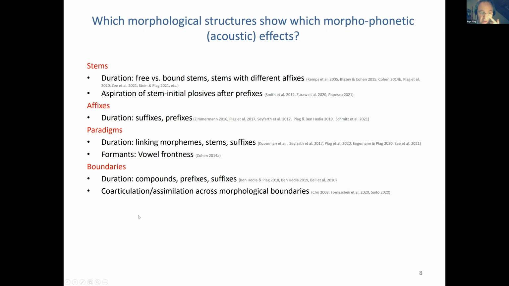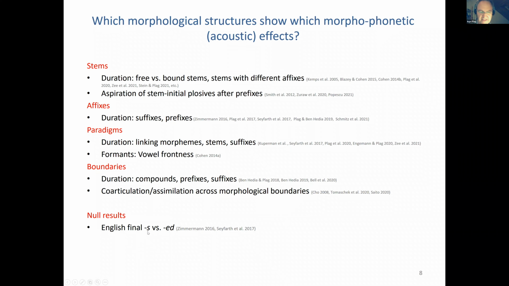Similarly, in co-articulation, assimilation across morphological boundaries, there's research that reports nice effects of morphology. However, we should also point out that there have been also null results. Of course, these are not so often published, but if they are published, you can read about them.